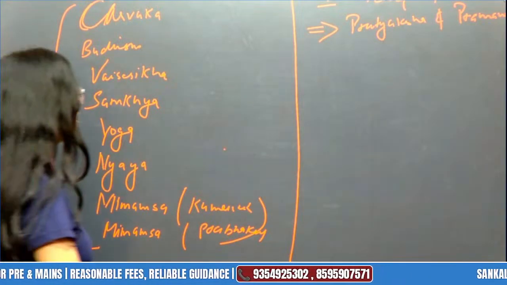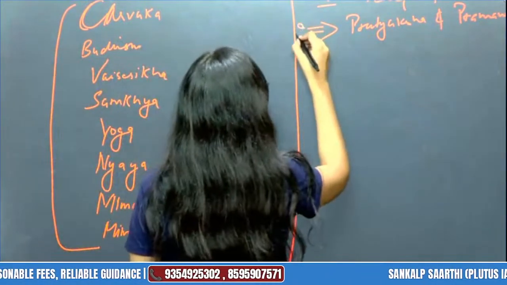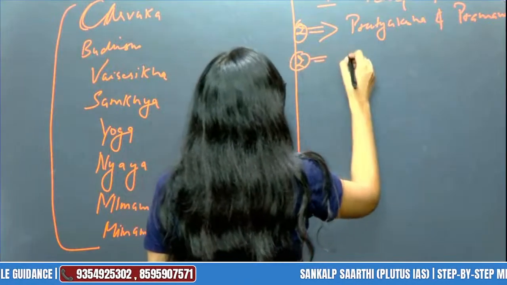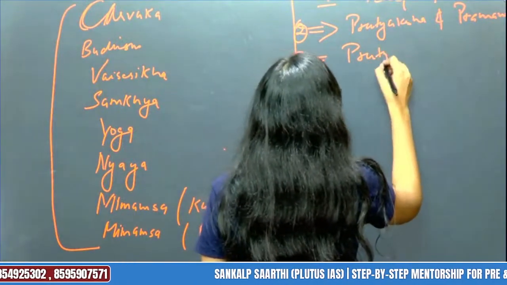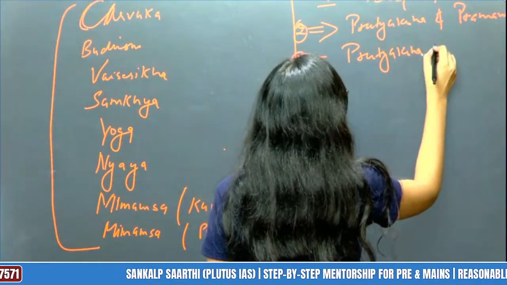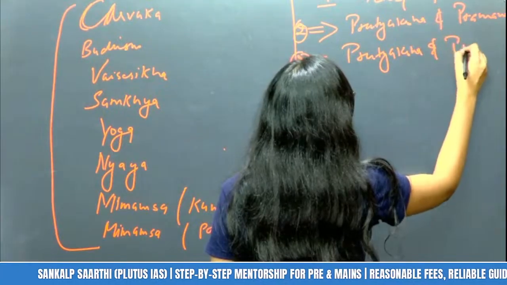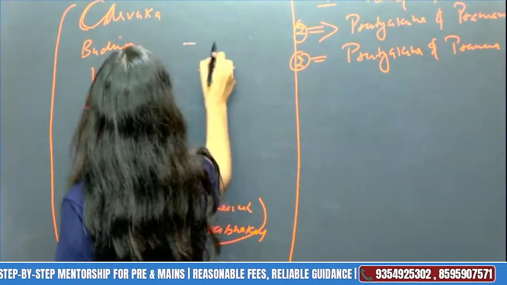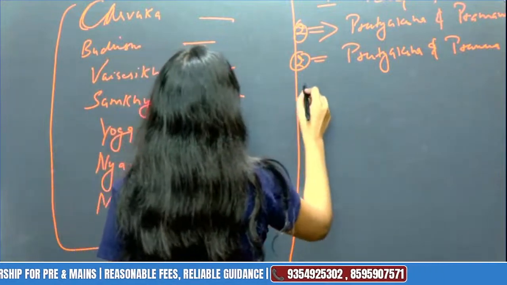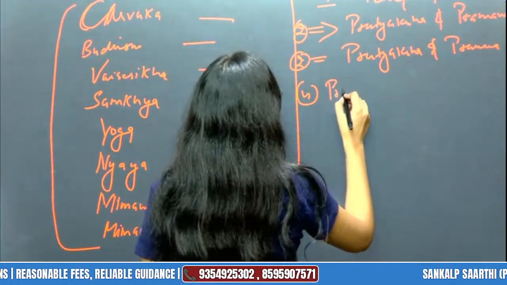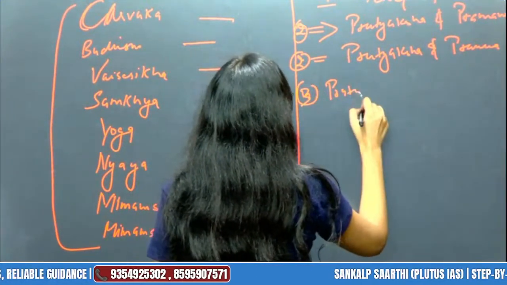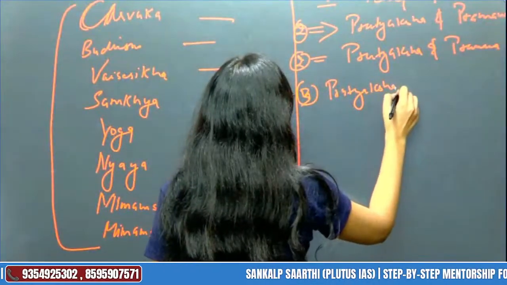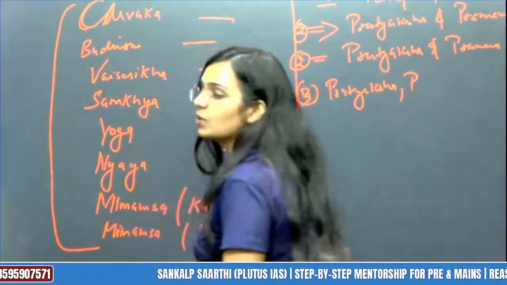Then Vaisheshika, same, accepted two, perception and inference. And then Sankhya accepted three. What are those, Saptarishi?